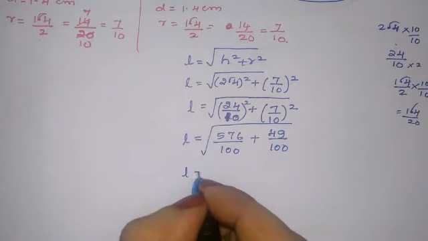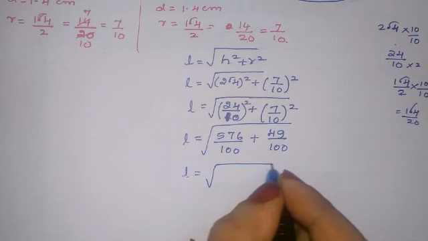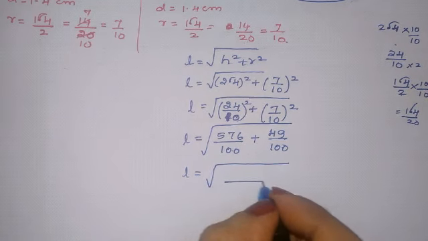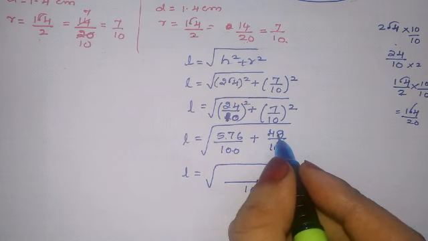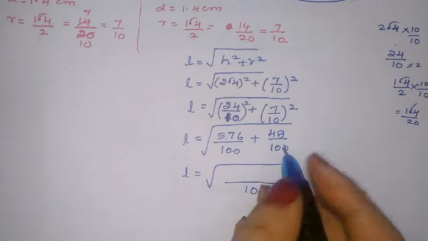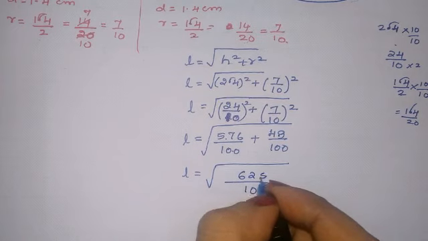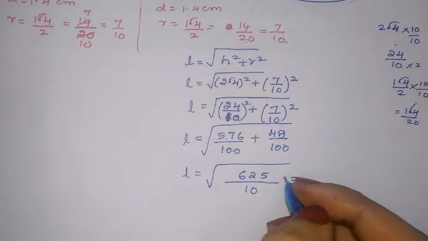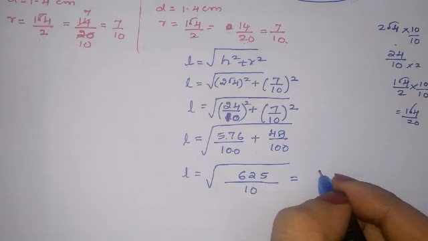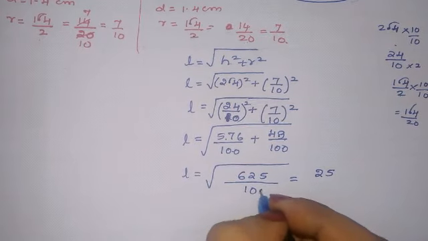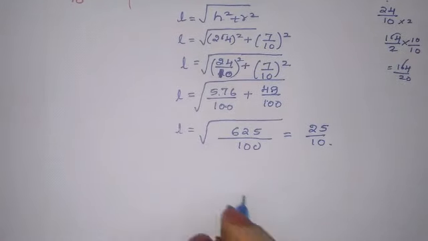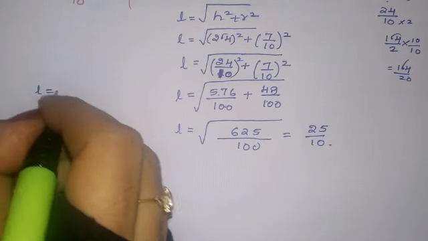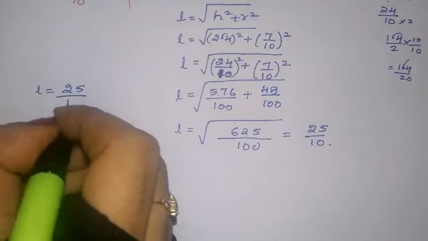The denominators are the same, so I'll write 100 one time. 576 plus 49 is nothing but 625. Root of 625 is 25 and root of 100 is 10. So what we got is the L value, L is equal to 25 by 10.